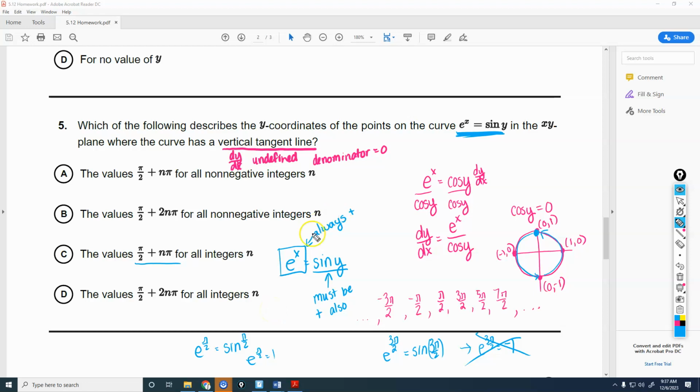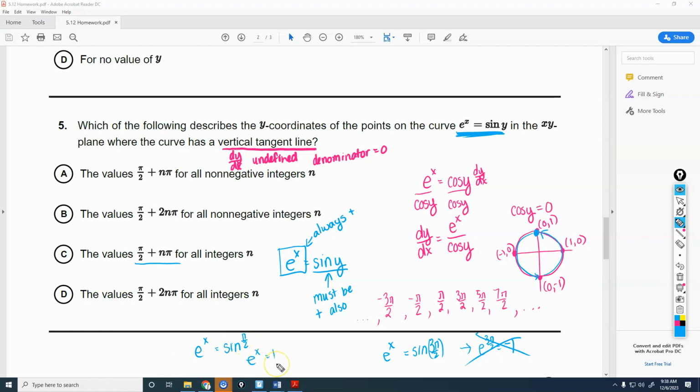Here's the problem. I should not have put that 3 pi over 2 right there because they're different variables. They're not both y's. This is an x, and this is an x. I shouldn't have been plugging that in there because the y is pi over 2.